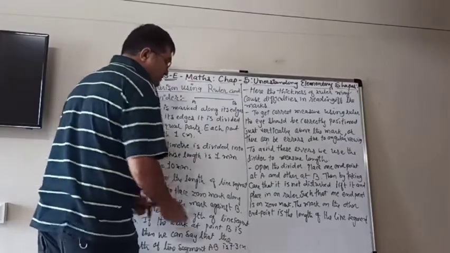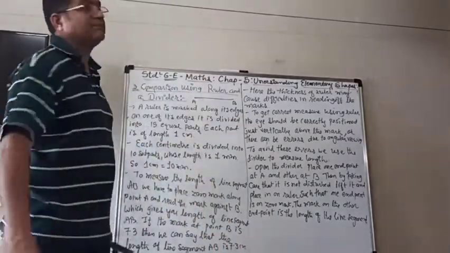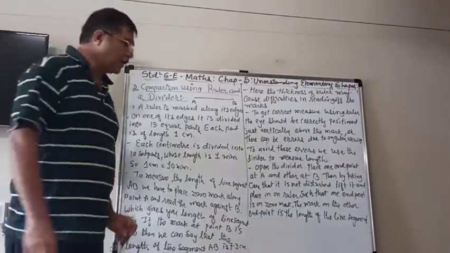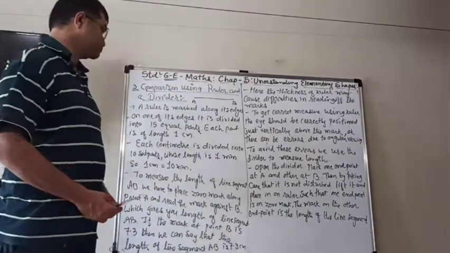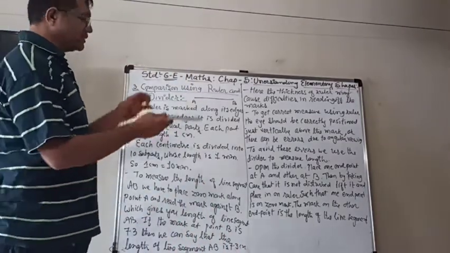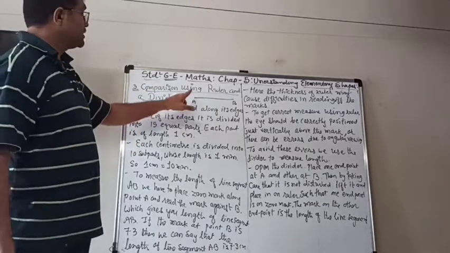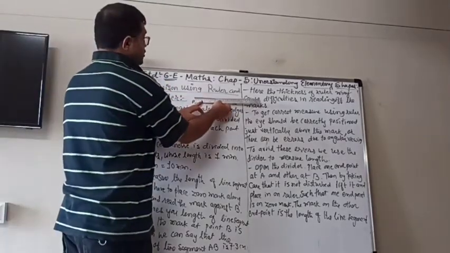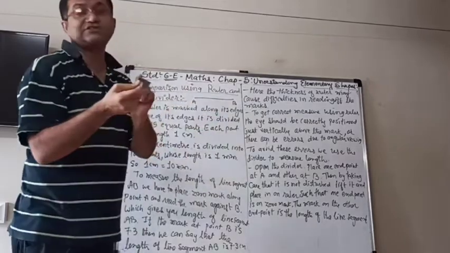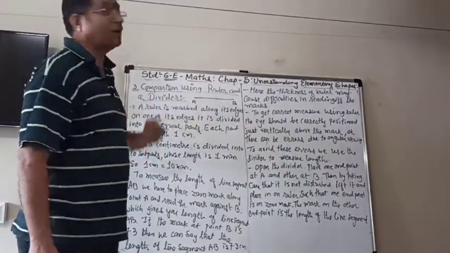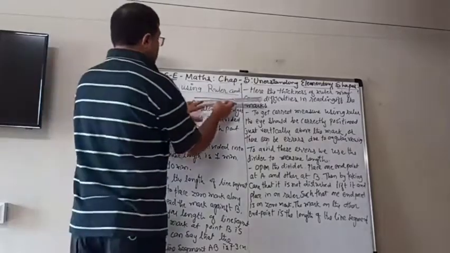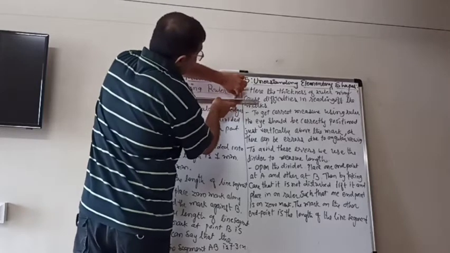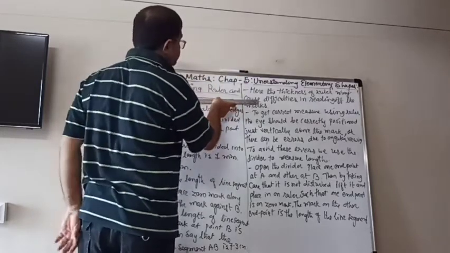If I want to measure the length of this line segment AB, I have to place this ruler on this line segment such that the 0 mark is exactly on point A. And then you have to place it along the line segment AB, and then check which mark is at B.